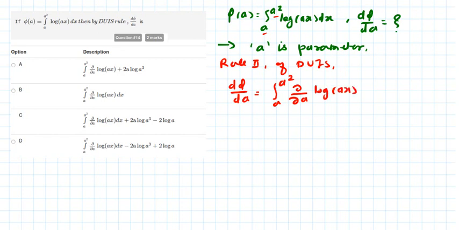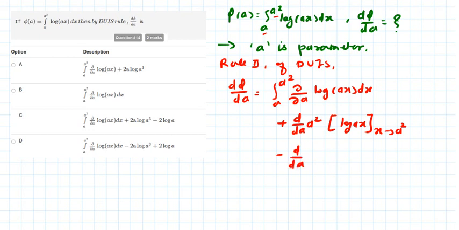Log of ax dx, plus here you need to take the derivative of upper limit with respect to the parameter and into this function log of x will get replaced by the upper limit a square, minus derivative of lower limit with respect to the parameter, again this log x will get replaced by a. So just simplify this one, you will get the answer.